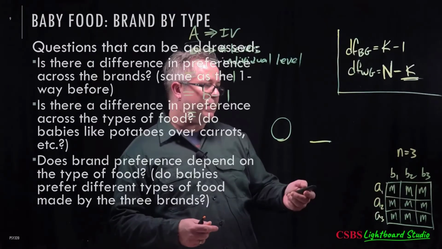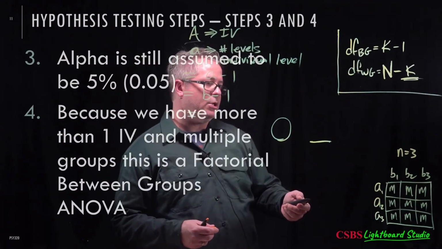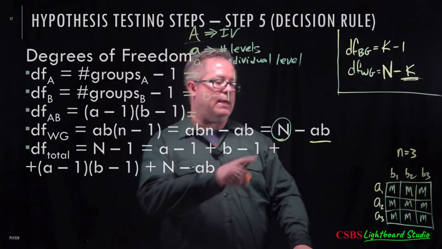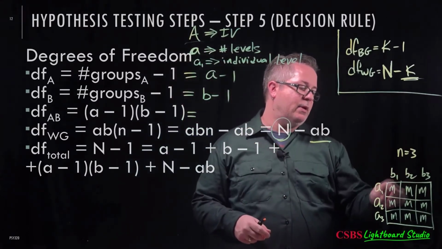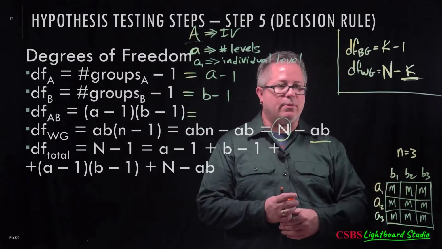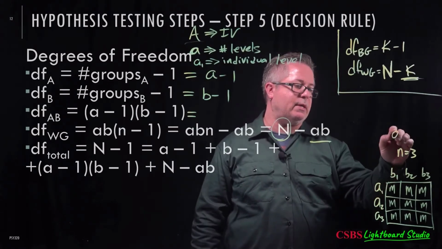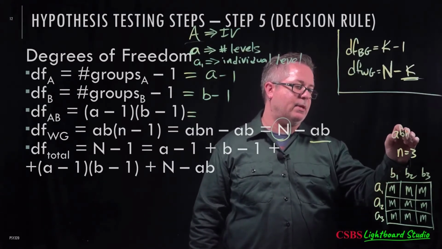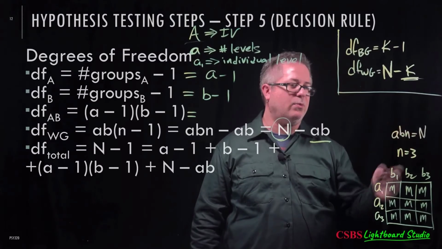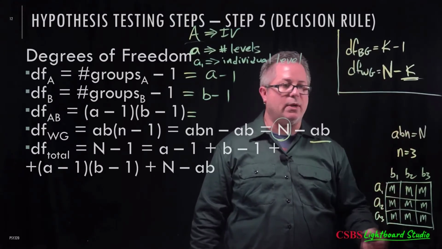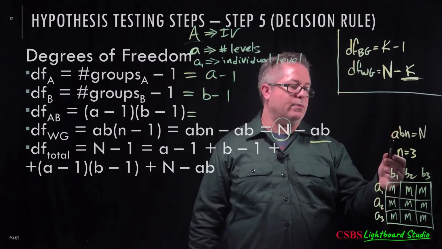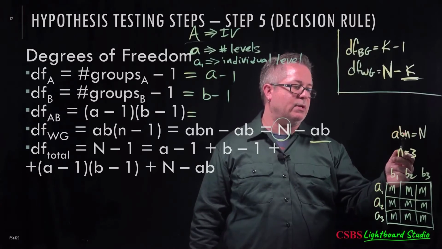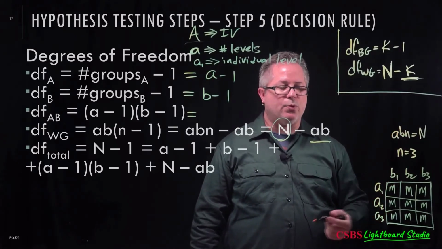So my little n is 3. If I want to figure out what big N is, and every little cell has the same number of participants, I can simply take A times B times n, which will equal my N. This only works if n is the same in every single group. So 3 times 3 is 9, times 3 means I have 27 total participants.